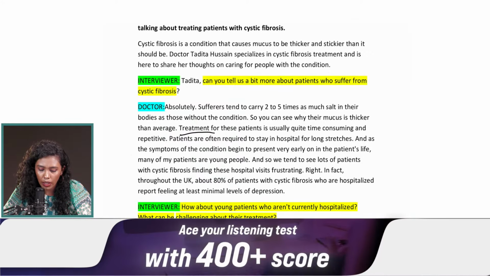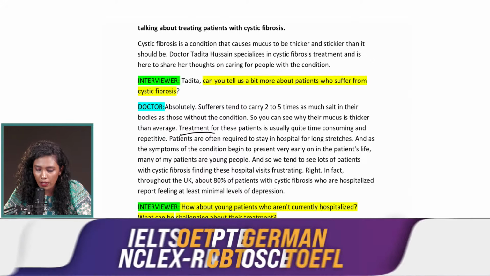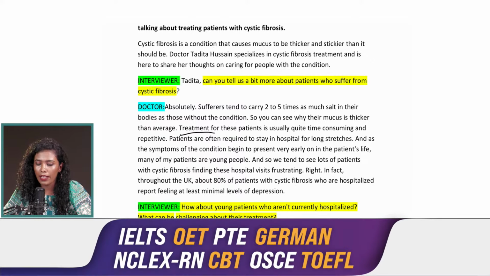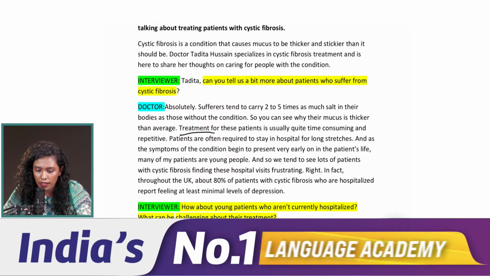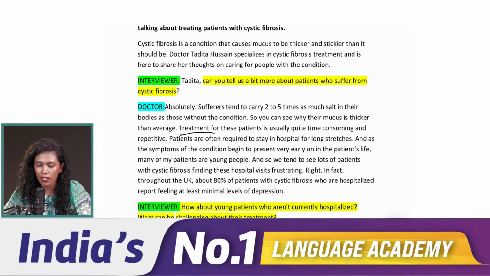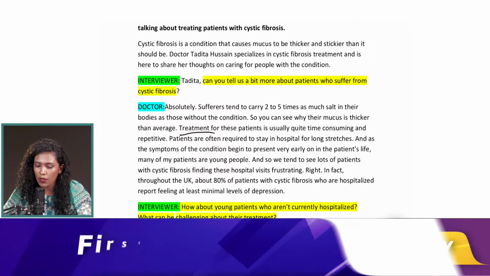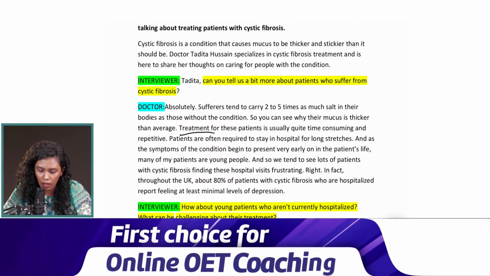So now, tend to require treatment from a young age. That is a paraphrased sentence. So what is mentioned over here? Here it is specifically mentioned that the treatment for this patient is time consuming and repetitive, and they have to stay in the hospital for long stretches. So why long stretches?